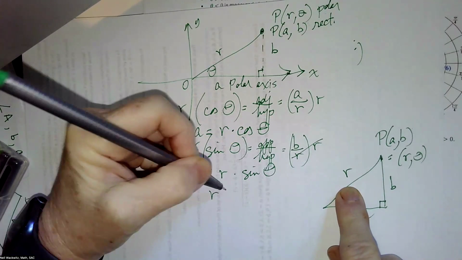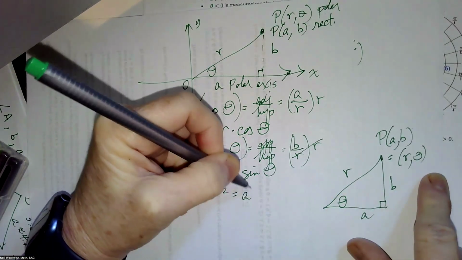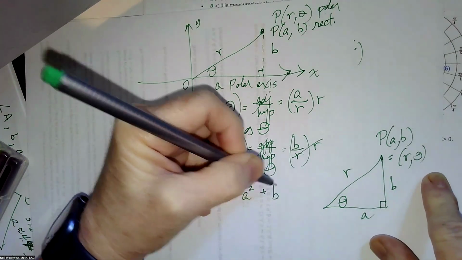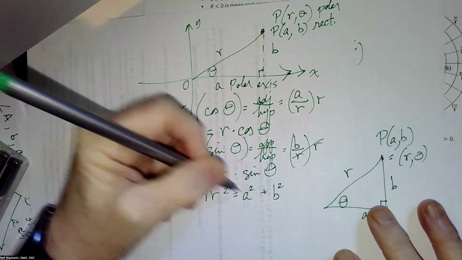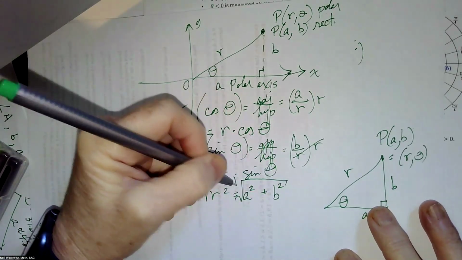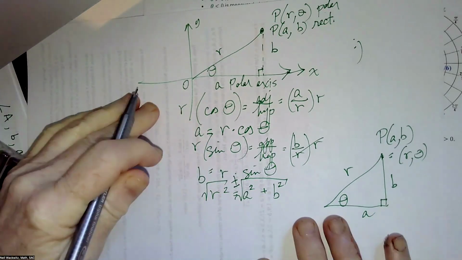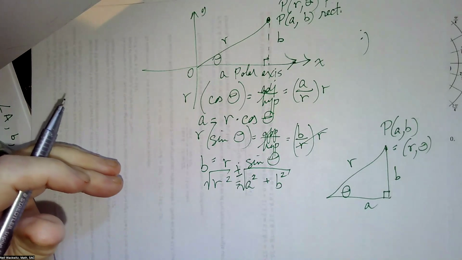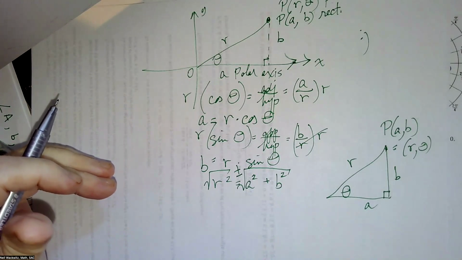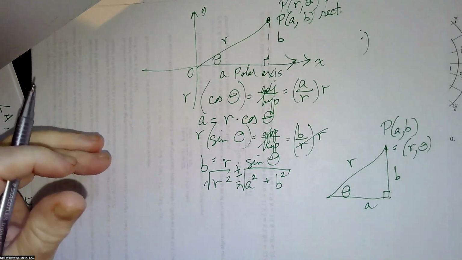We know that r squared is a squared plus b squared. I'm going to take the square root of both sides, slap a plus or minus. But what do I know about r? It's always going to be positive?